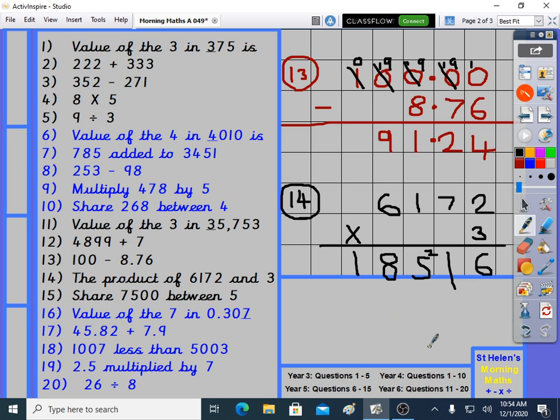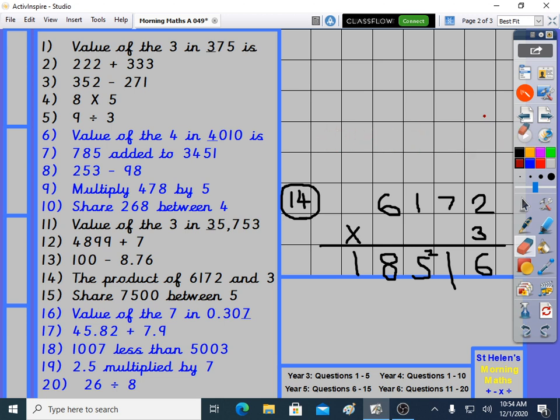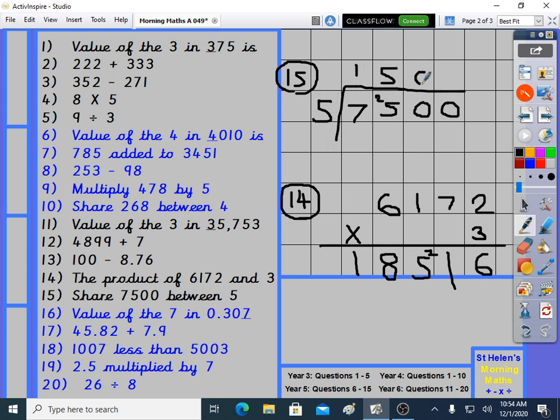Just checking over that before question 15. Question 15 is share, which means divide. 7,500 between 5. This will be 1,500, I think. That's my estimate or my prediction. Yes, it is 1,500. The bus stop confirms that for me.